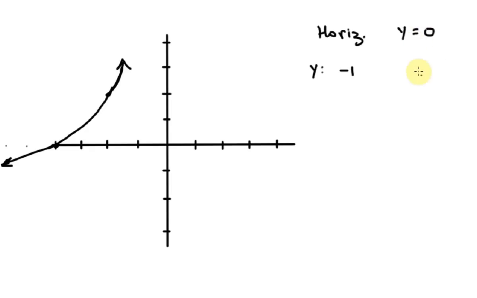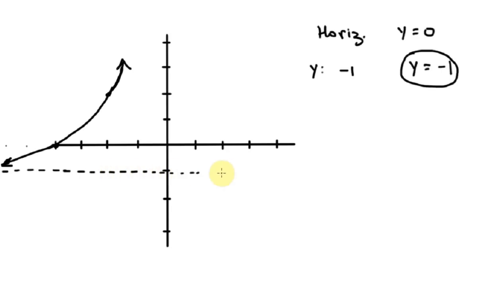So if we shift the asymptote down 1 as well, this is our new location for the horizontal asymptote. It fits what we've got on our little grid graph. There's the horizontal asymptote, and there is our graph of a very miserable looking function.